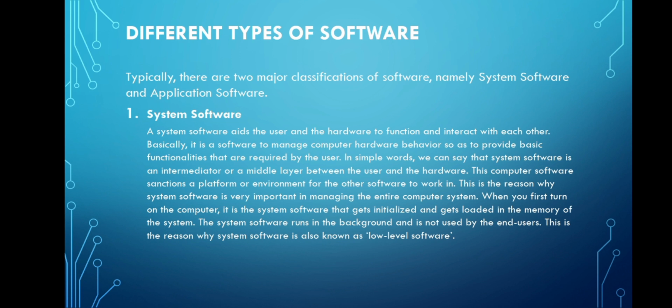In simple words, we can say that system software is an intermediator or a middle layer between the user and the hardware. The system software provides a platform or environment for the other software to work in. This is the reason why system software is very important in managing the entire computer system.